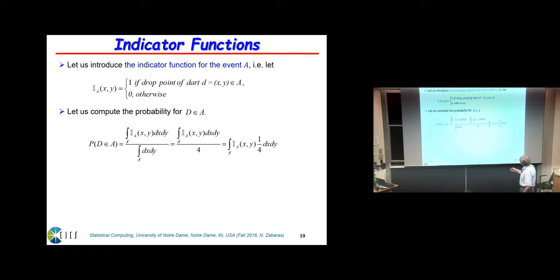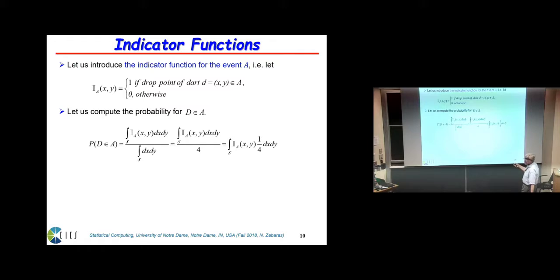Now I have an integral over the square, but it's an integral of the indicator function. Does that make sense? Why does it make sense? Because this thing inside the integral is 0 if I am not on the circle. So it's nice writing like this because the domain of integration is the same. So this is the same as before.